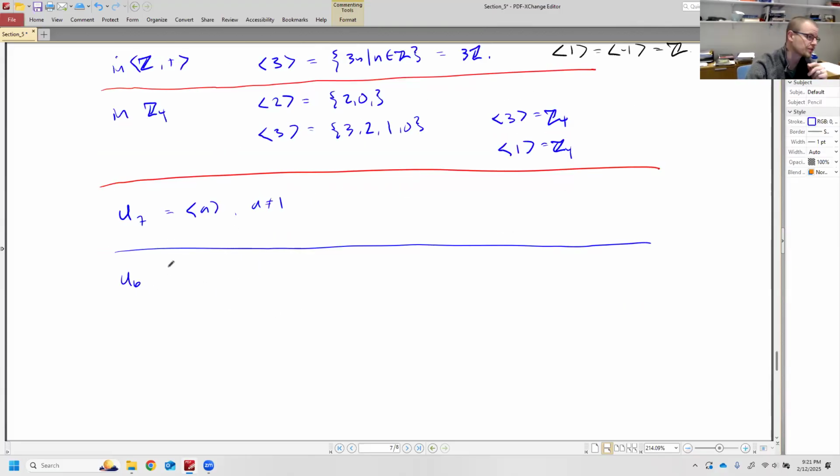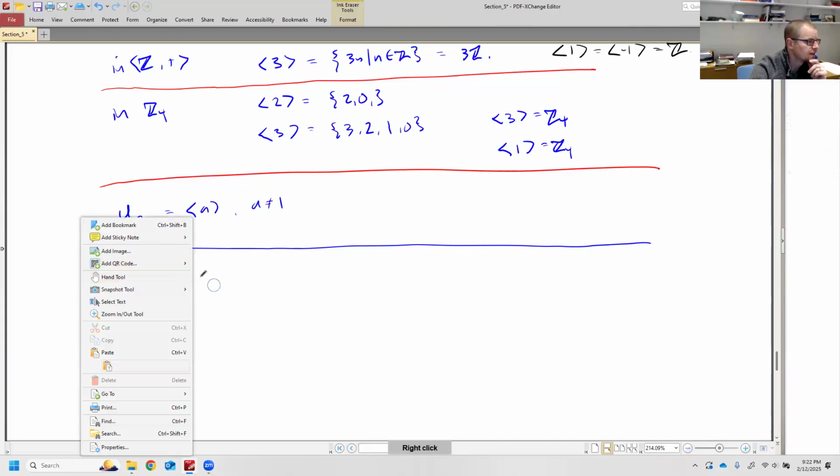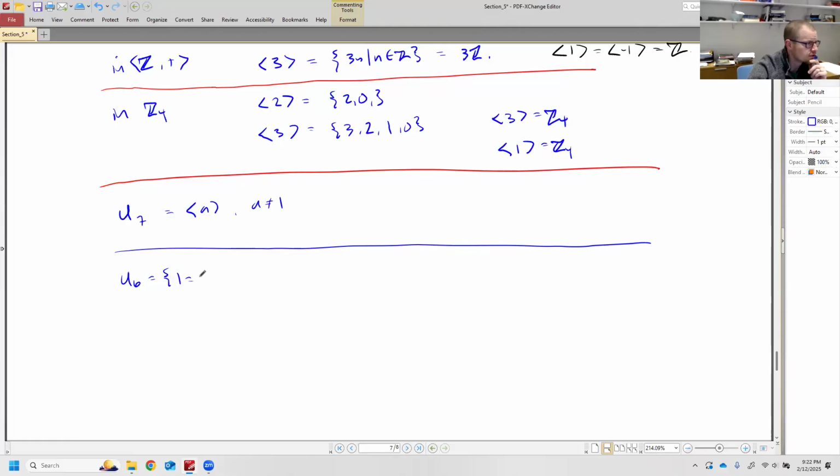This one is a little bit more interesting. So the roots of unity, sixth roots of unity. If I write these all out explicitly, I would have 1, which is equal to e to the 0 i.